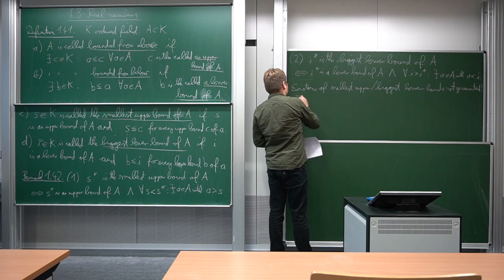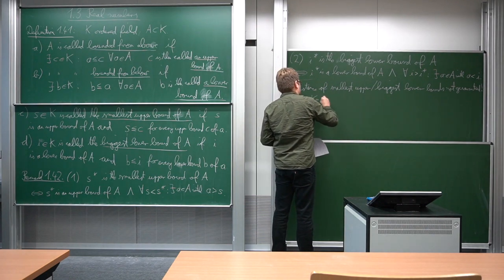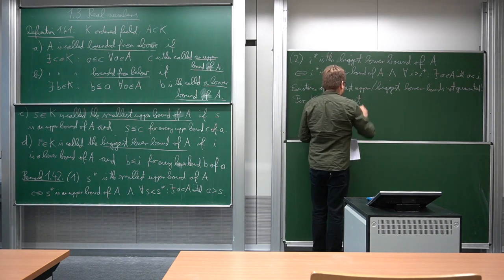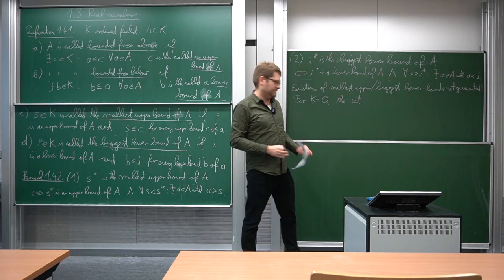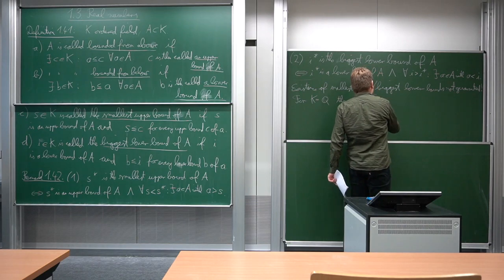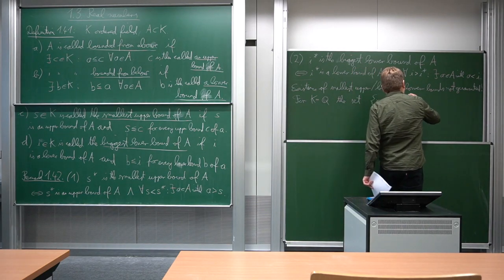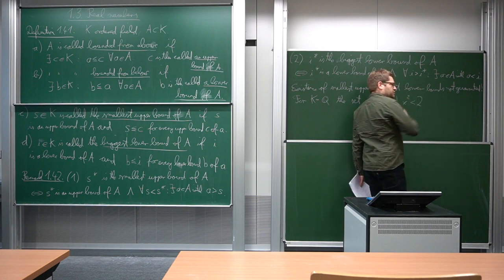We have considered the ordered field of rational numbers Q, and we can easily write down a set which does not have a smallest upper bound in Q, namely the set of all x in Q such that x squared is smaller than 2.